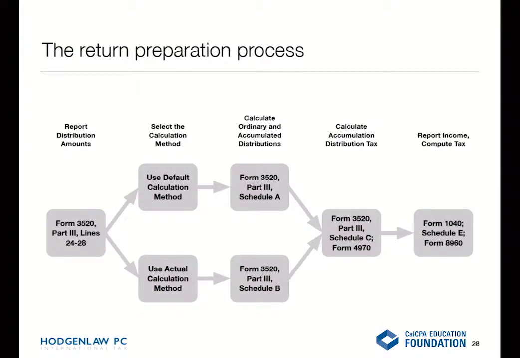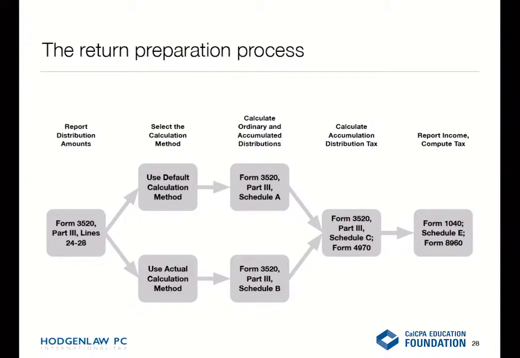The default method is where we end up with the accumulation distributions and the really bad tax results. So always better if you can use the actual method. But regardless, if you're in the default method, you're going to be filling out Form 3520 Part 3 Schedule A. If you're in the actual method, Form 3520 Part 3 Schedule B.